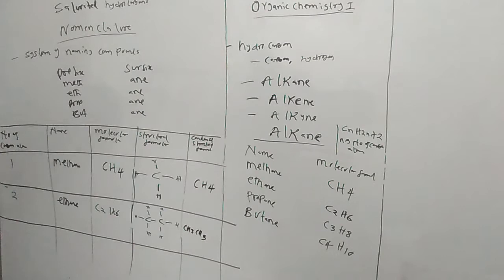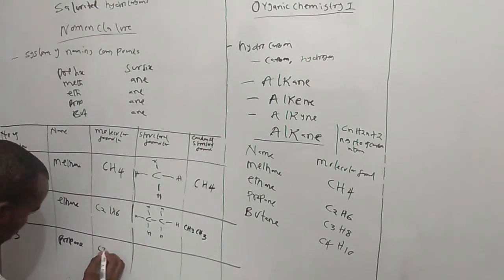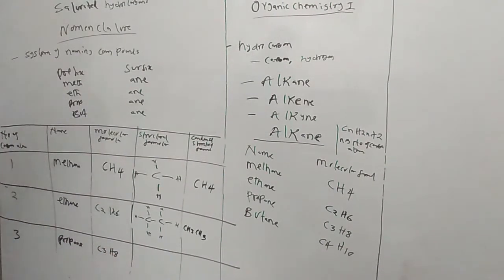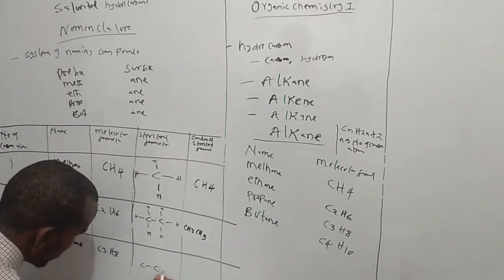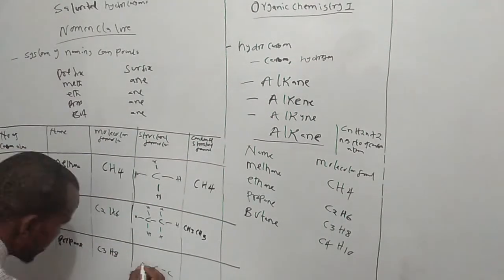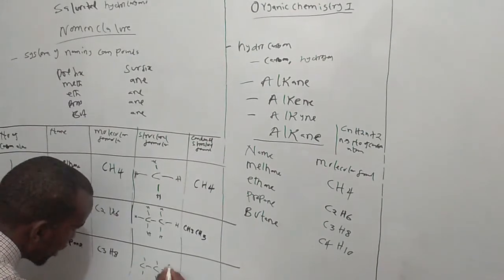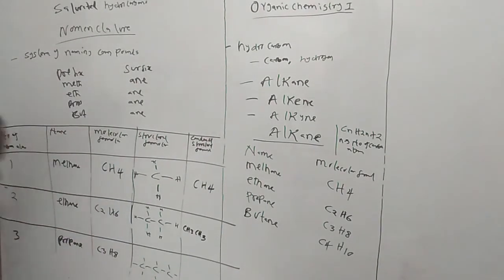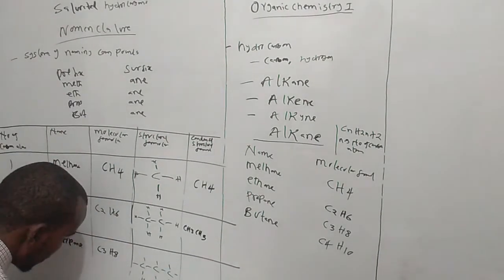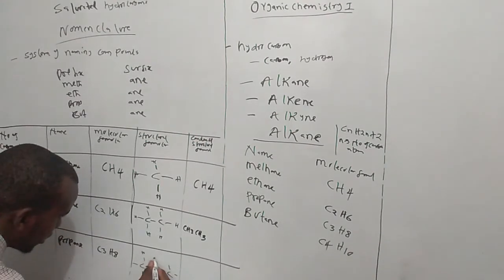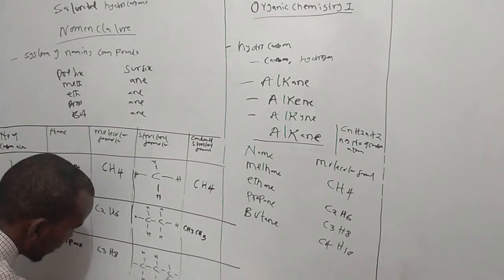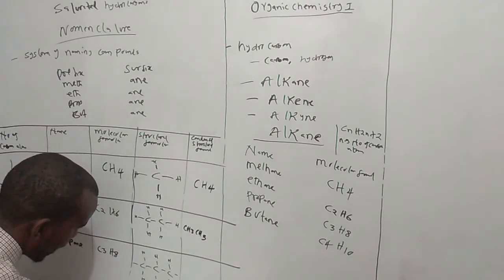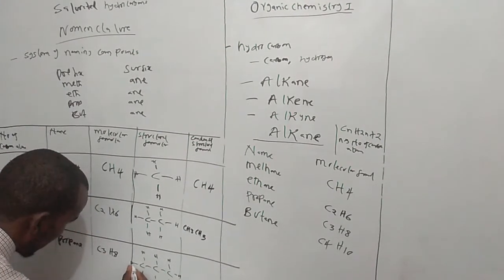Lastly, you can have number 3 as propane. Propane, it means we have C3H8. Now we have 3 carbon atoms, 1, 2, 3. So each carbon is bonded by hydrogen atoms.